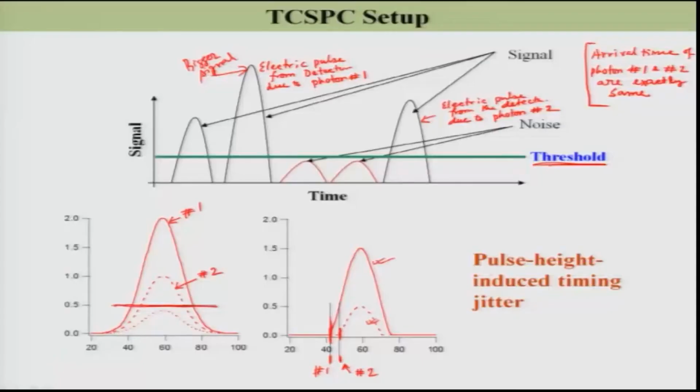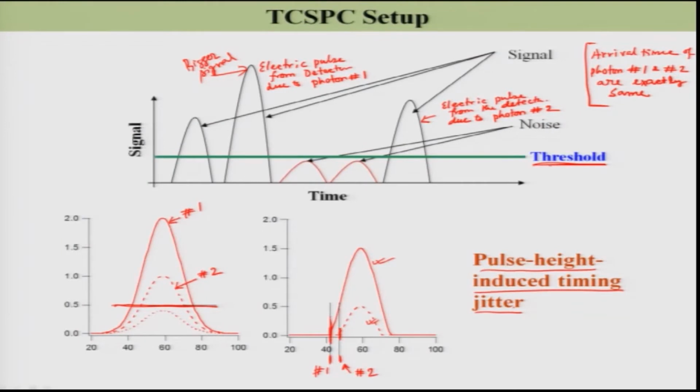Although these two photons arrived at the same time at the photocathode, their signal arrival time to the stopwatch is different. This is known as, I have written here, pulse height induced timing jitter.